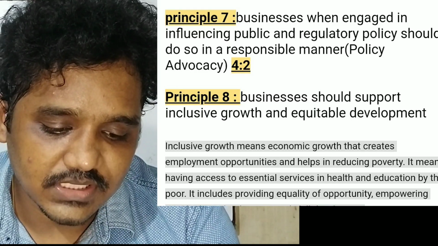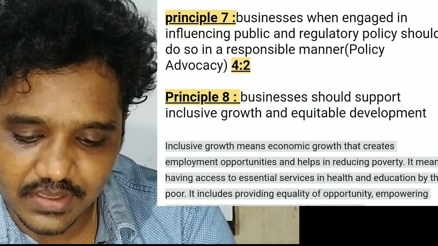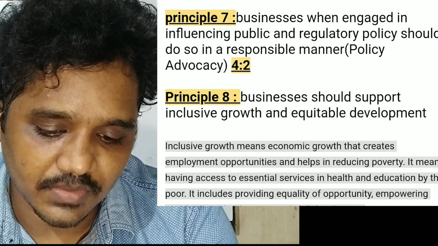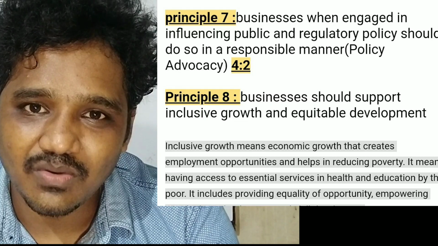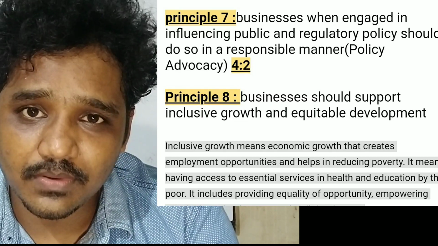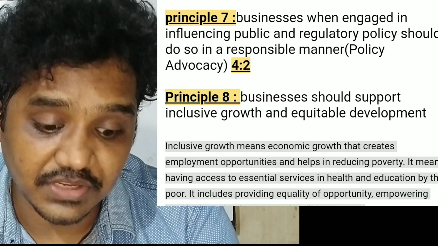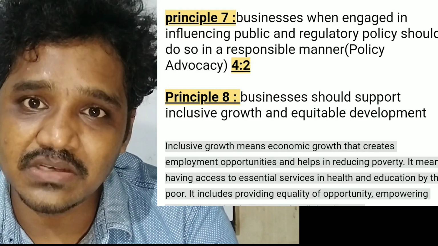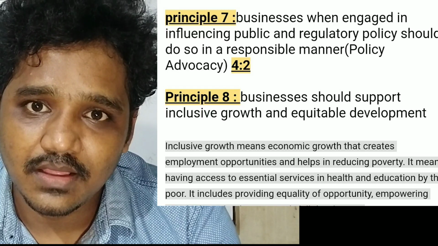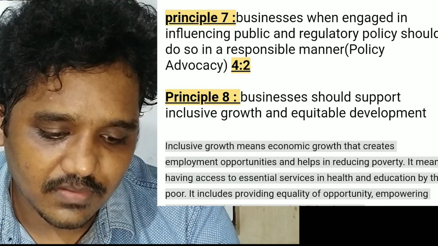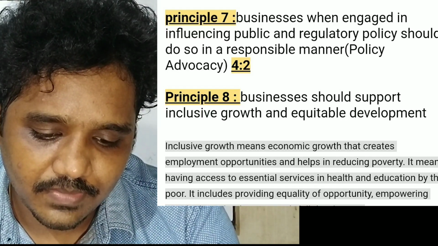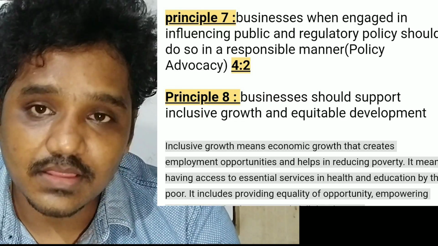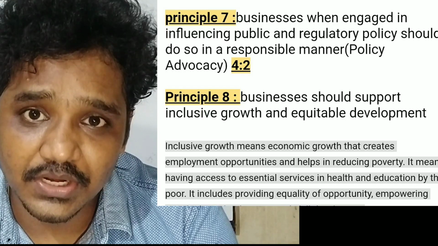Point number 1: business, while pursuing policy advocacy, must ensure that the advocacy positions are consistent with the principles and core elements contained in this guideline. That is, while suggesting certain policies, business must ensure that these National Voluntary Guidelines principles are covered and taken into consideration.